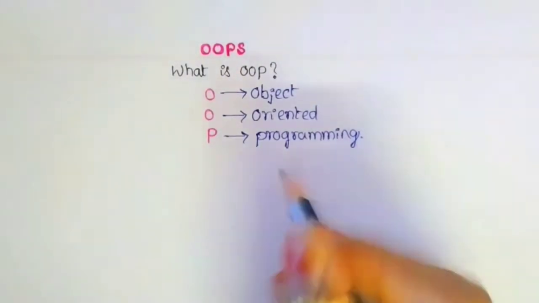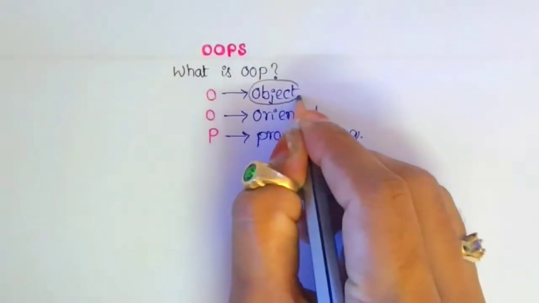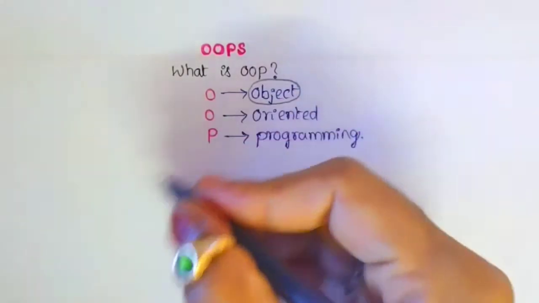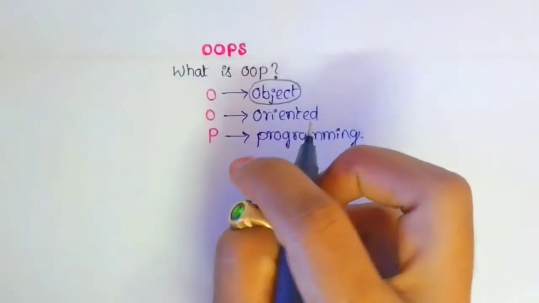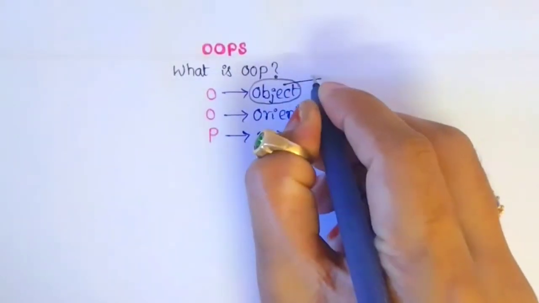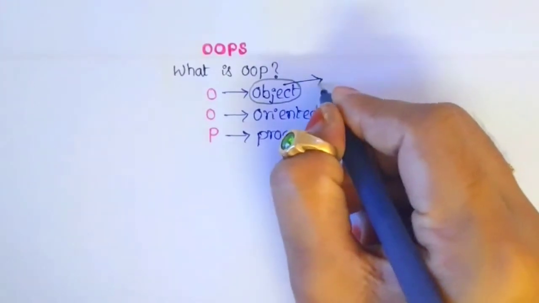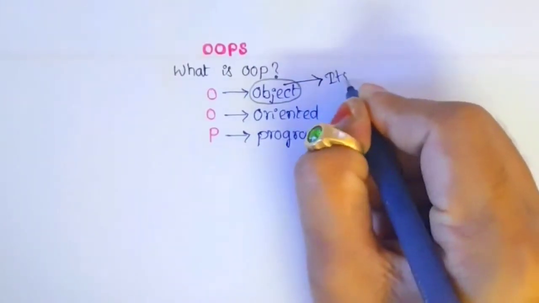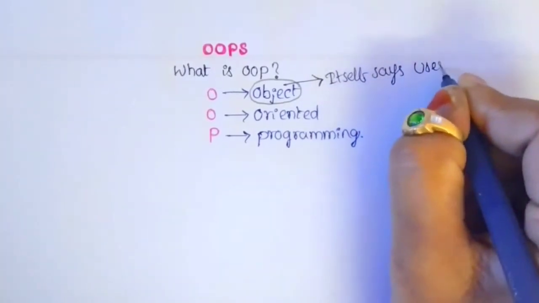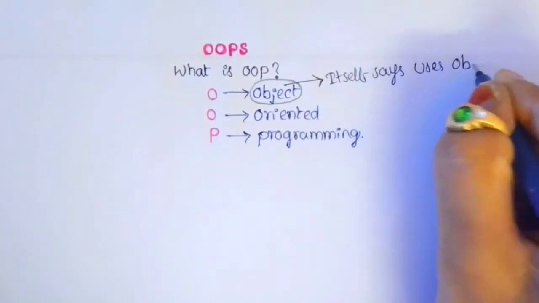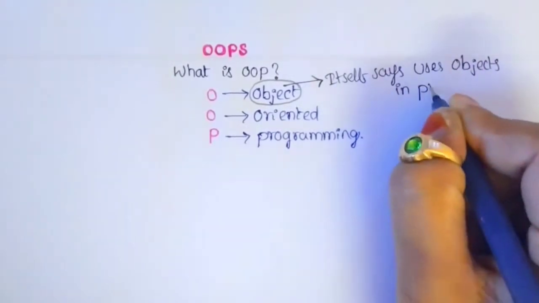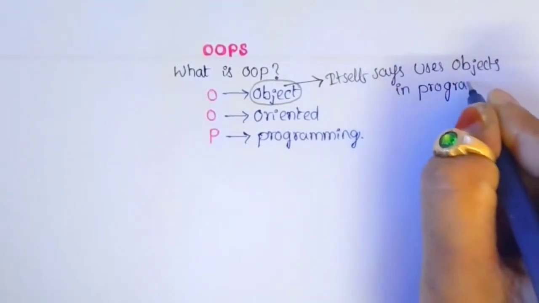Here, object is there. That means the name object itself says we can use objects in programming.